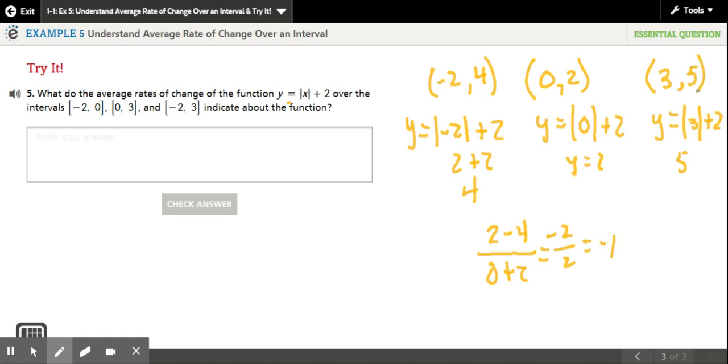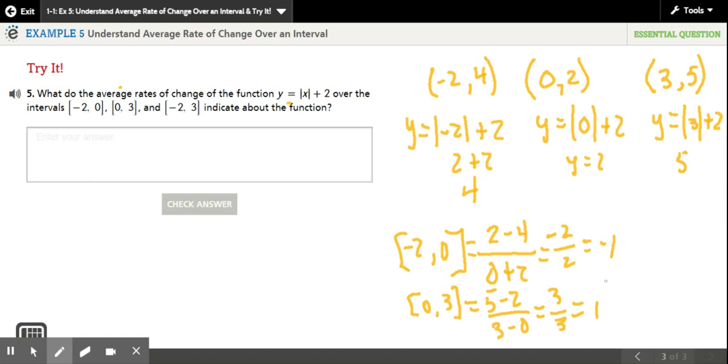So the ordered pair would be 3, 5. The second interval is from 0 to 3, so we're talking about this point and this point. So 5 minus 2 over 3 minus 0. So you end up with 3 over 3, which is 1.